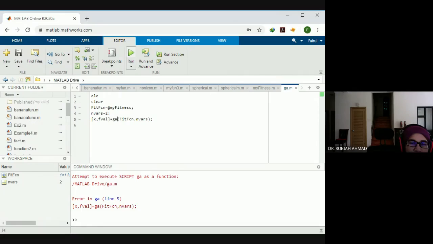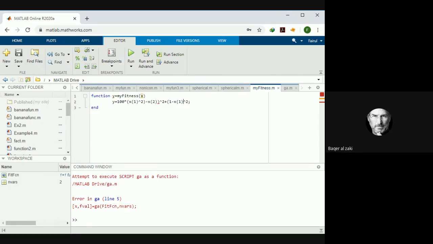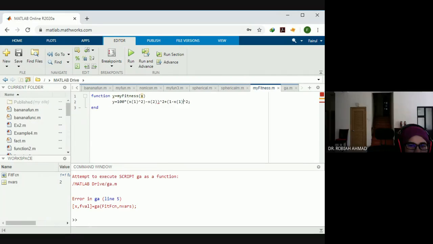So your equation just now, can you go back to your equation? 100 times x1 power 2. The parenthesis, you have parenthesis here, no? I don't think we have parenthesis here, because we cover the parenthesis here.